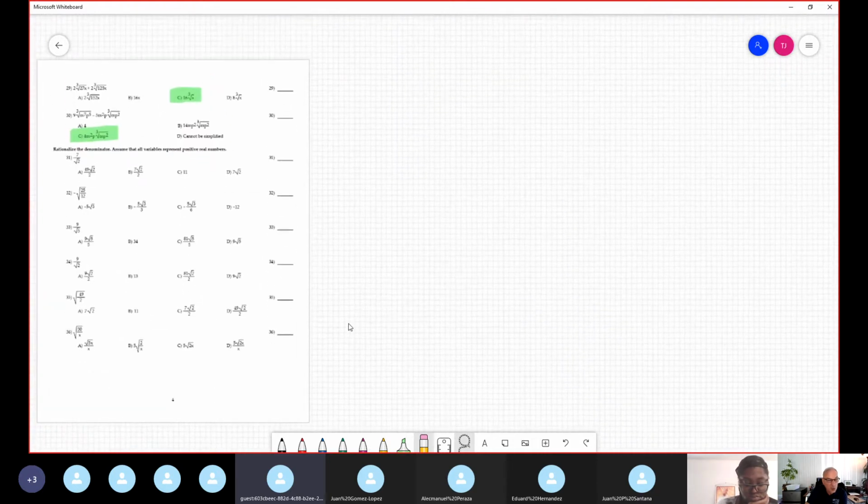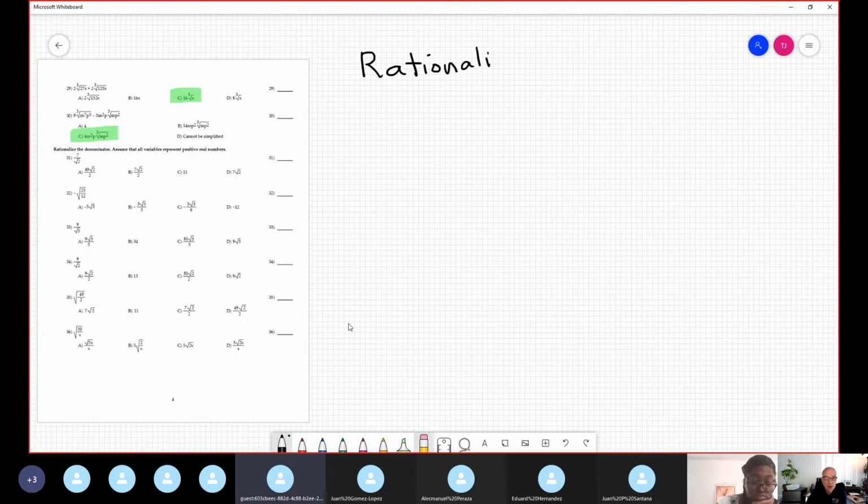This is an important word, rationalize. Rationalize means eliminate any radical in the denominator. Suppose number 31 gives 7 over radical 2. Rationalize this expression.